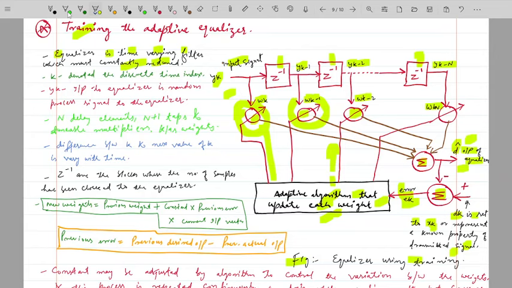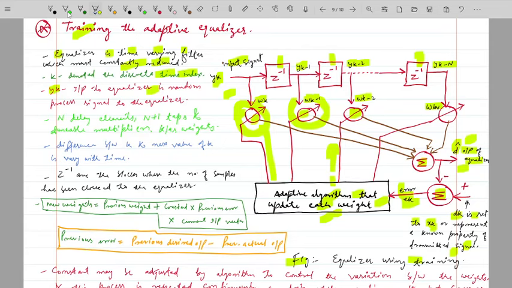The subscript k used here denotes the discrete time index, and y of k, which I have already discussed, is the input given to the equalizer. This y of k signal is a random signal, the one received first at the receiver.